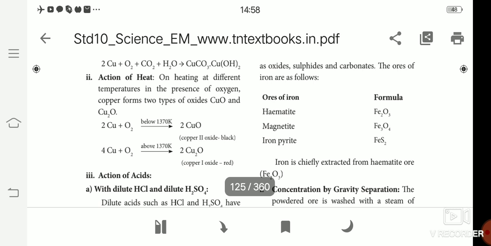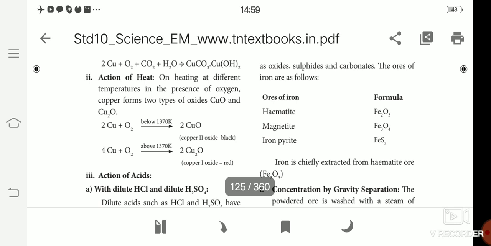So, the chemical properties of copper. The action of air and moisture: copper reacts with air, oxygen, carbon dioxide and water to give the product copper carbonate. Then the action of heat: at different temperatures in the presence of oxygen, below 1370 and above 1370, the product is copper 2 oxide, black, then copper 1 oxide, red.